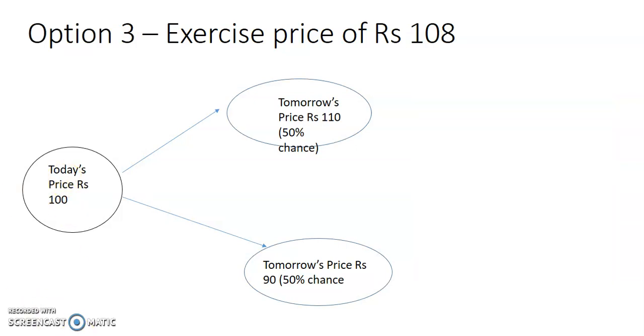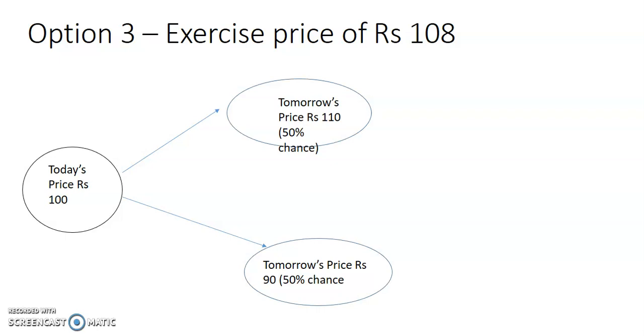Let us consider a third case. The firm can grant options with an exercise price of rupees 108. Now, half of the time, the stock would be worth 110 rupees and the option would yield a profit of 2 rupees, which means the holder of the option can exercise and buy the stock at 108 from the company and sell it in the market at 110 rupees, and there'll be a simple profit of 2 rupees.